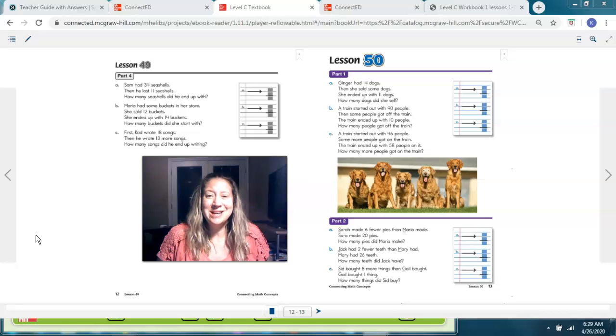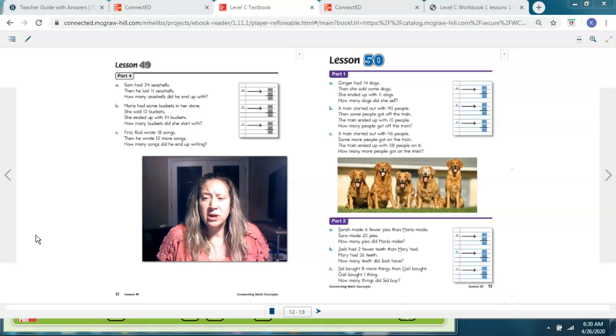We are going to be continuing with lesson 50. The first thing we're going to be doing is working in the textbook. Since you do not have your textbook, I have it up here on my display. You will need your notebook and your pencil.